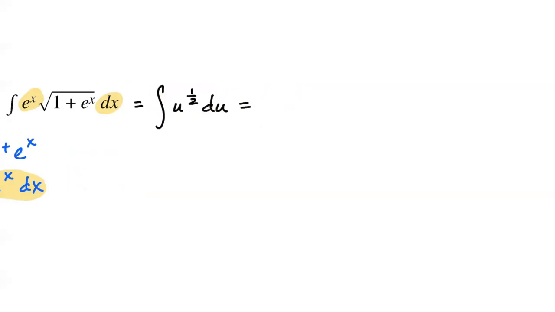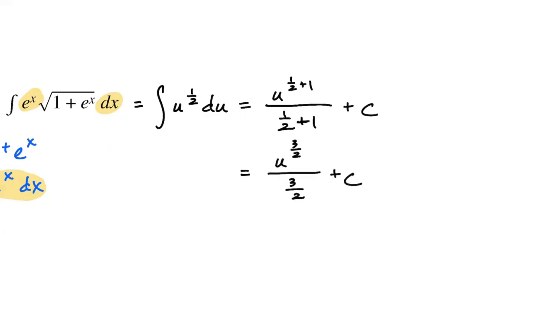All right, so our power rule, we're going to have u to the 1/2 plus 1 over 1/2 plus 1, that's how we typically write it, plus c. And we're going to get u to the 3/2 over 3/2 plus c.